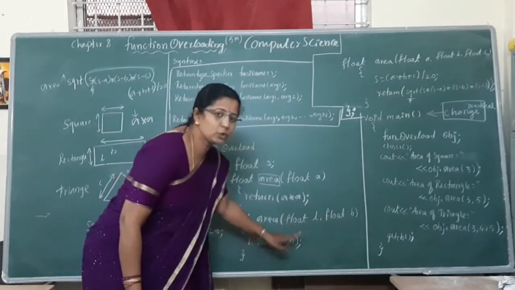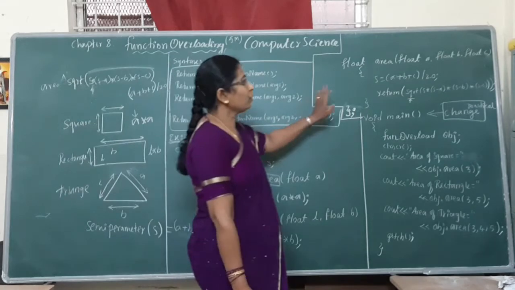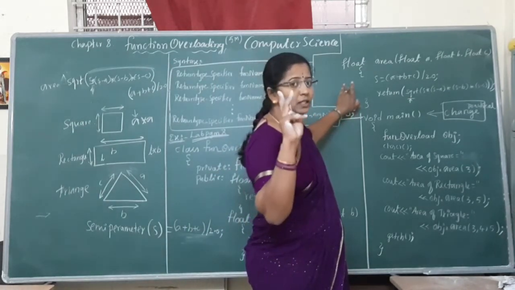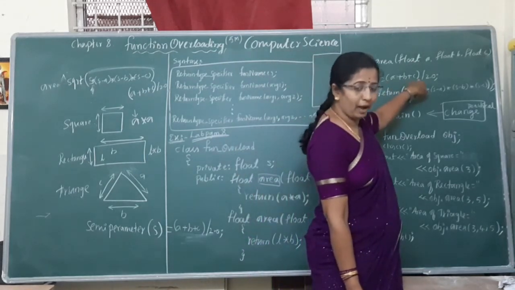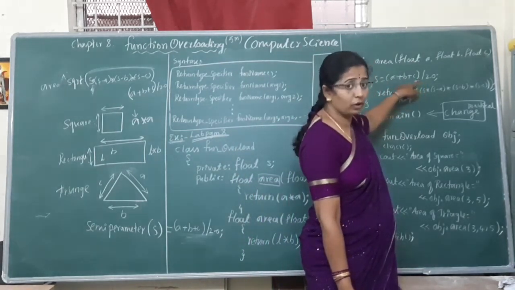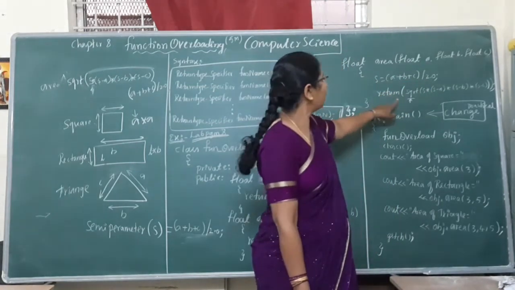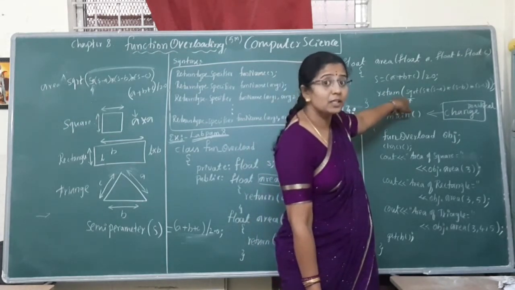Multiply L into B. Did you get it? Then if I want to calculate the area of a triangle, how many sides do I need? Three sides. Yes, give all three sides, add the values of all three, divide by 2, and you will get the semi-perimeter. Then apply the formula, and you will get the area of a triangle.